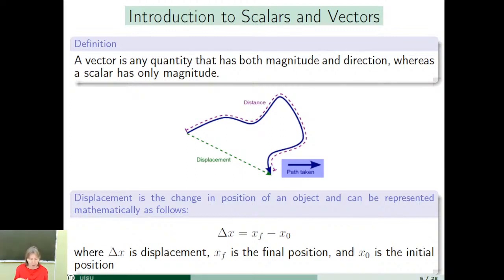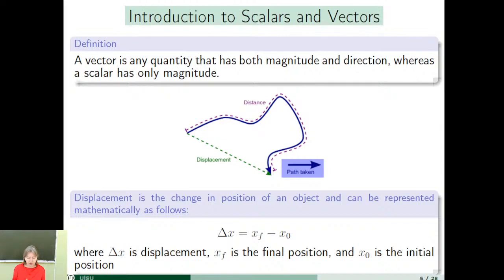In everyday usage, the terms speed and velocity are used interchangeably. In physics, however, they are distinct quantities. Speed is a scalar quantity and has only magnitude. Velocity, on the other hand, is a vector quantity and so has both magnitude and direction.